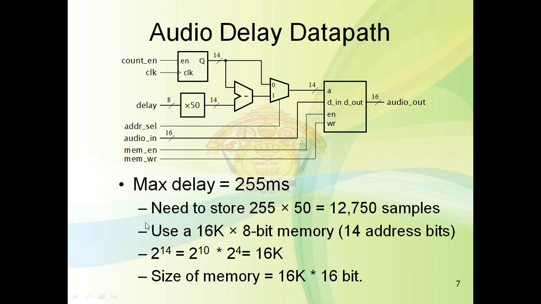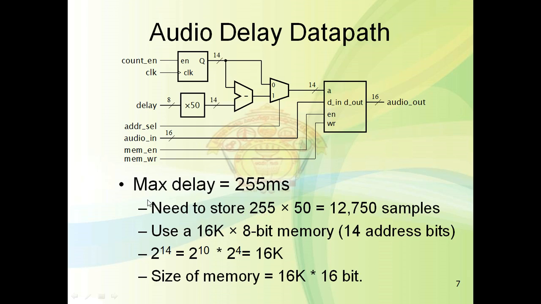So the maximum delay will be 2 raised to n, that is 2 raised to 8, which is 256 minus 1, so the total delay is 255 milliseconds. So the sampling rate is 50 kilohertz, therefore 50 samples are going to occur.